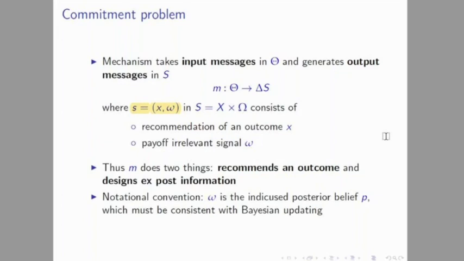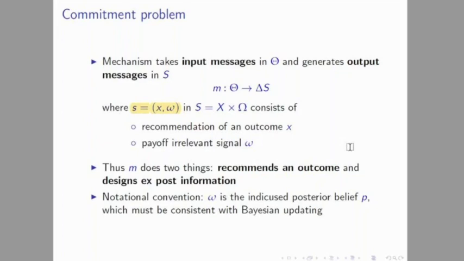But even in that case, the mechanism does reveal some information. It reveals the output that is recommended, which is conditioned, at least in some sense, typically, on the types of the agents. So this is what a mechanism does here.